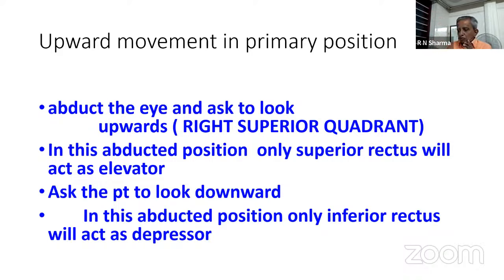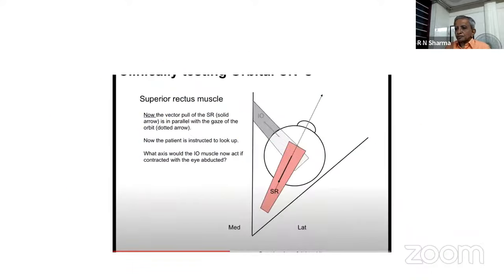If I am looking downward, the muscle that is permitting me to look downward, in the right inferior quadrant, will be the right inferior rectus. That is very, very important. So in the abducted position, the recti come into action as prime elevator or depressor, depending upon whether it is superior or inferior rectus.